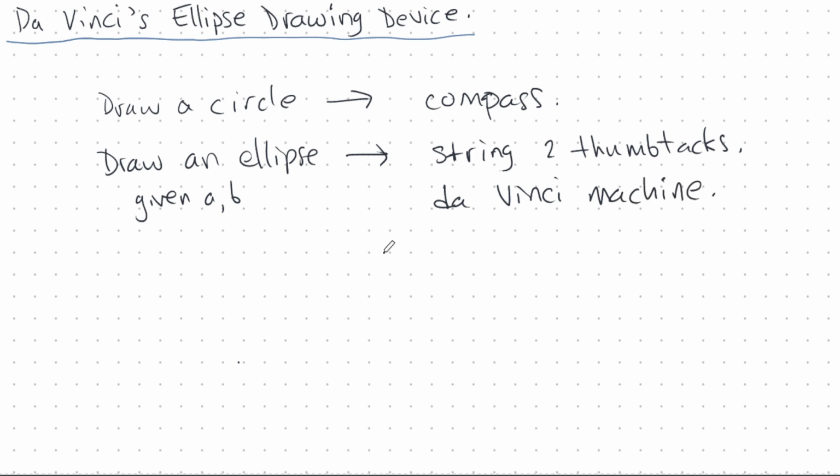I guess you can make it automated into a machine. And this is what we're going to look at today. It's quite an interesting machine, and we'll look at the mathematics of it and see how it works.